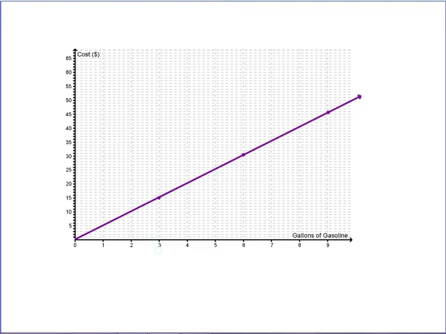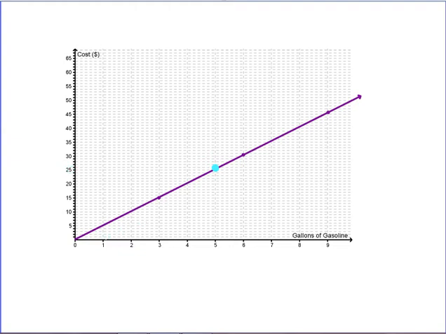So if I notice here, 3 gallons of gasoline is going to cost me $15, and 6 gallons of gasoline will cost me $30. And my third point over here says that 9 gallons of gasoline cost me $45. So I can pick any point along this graph. For instance, right here, 5 gallons of gasoline is going to cost me $25.